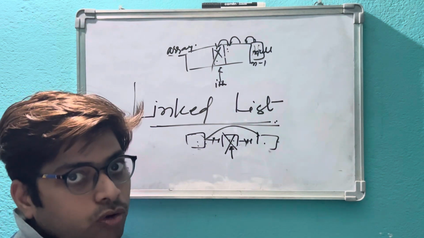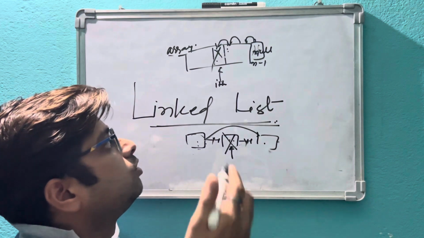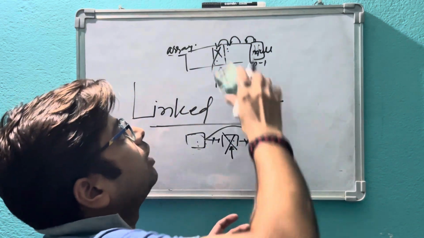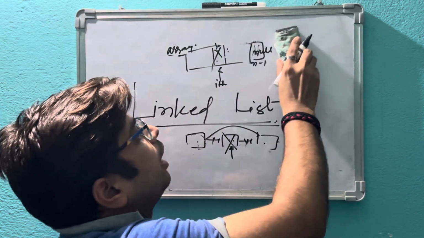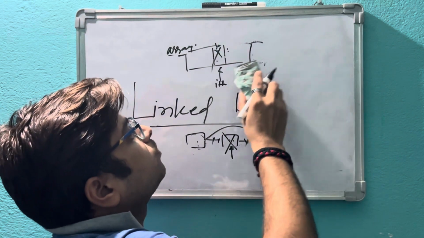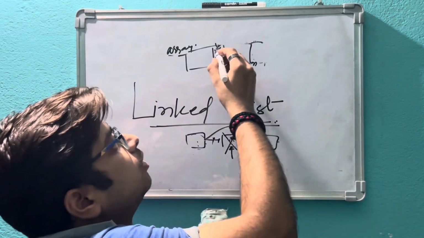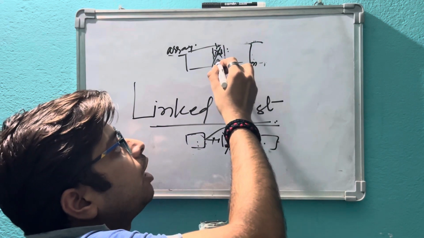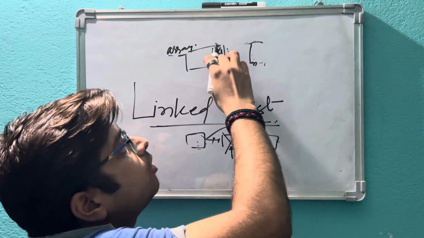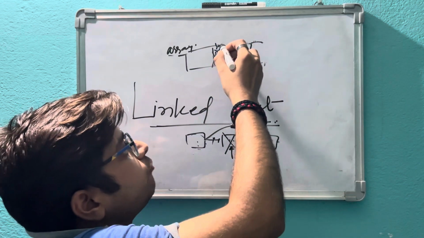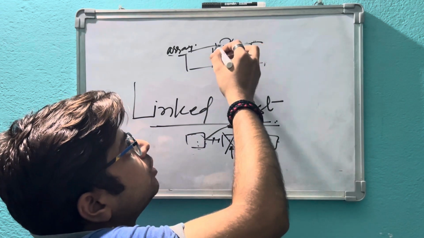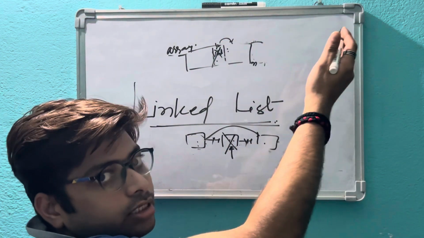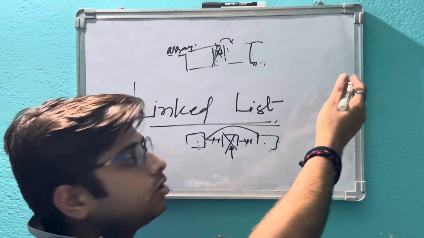Also, if I would like to add an element to a particular ith position, then I would like to have some value added to this particular position. Before adding this value, you have to shift each element from this position onwards to the next, plus one position.